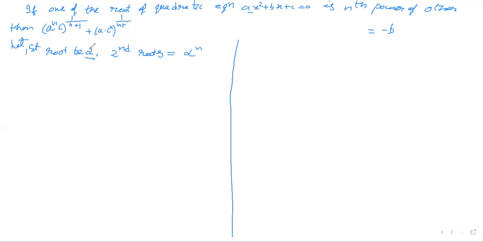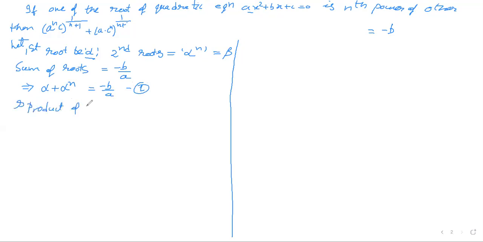So if the first root is alpha, then the second root is alpha to the power n, meaning it is beta. And the sum of roots: what is the formula? Minus b by a. That is alpha plus alpha to the power n equals minus b by a. And the product of roots, alpha into alpha to the power n equals c by a.